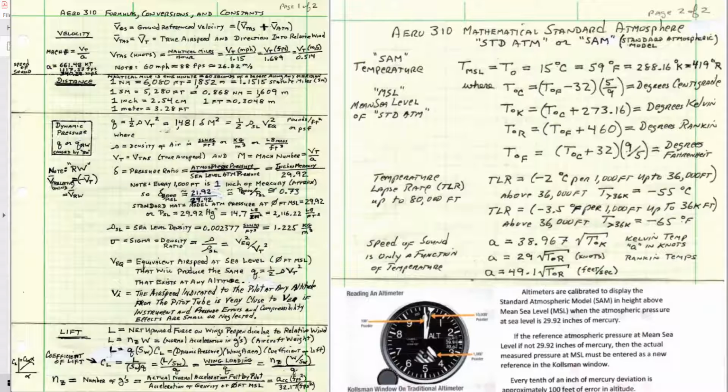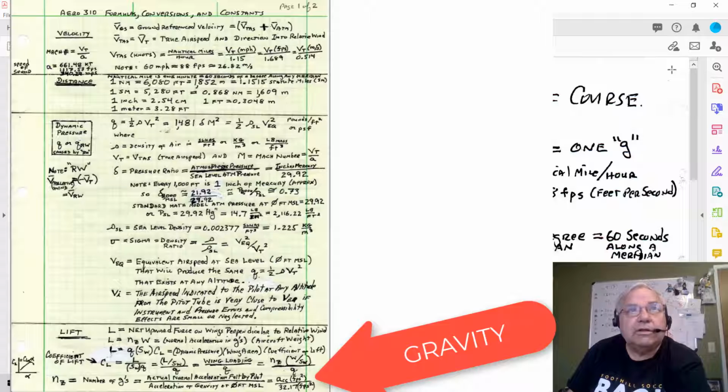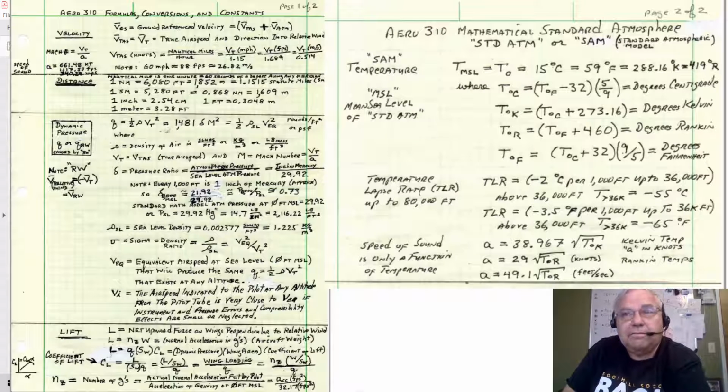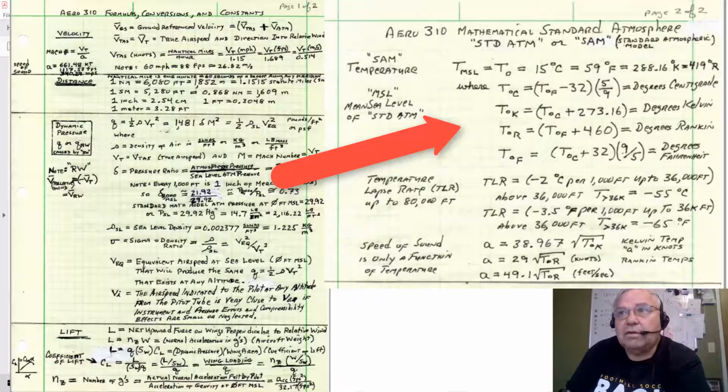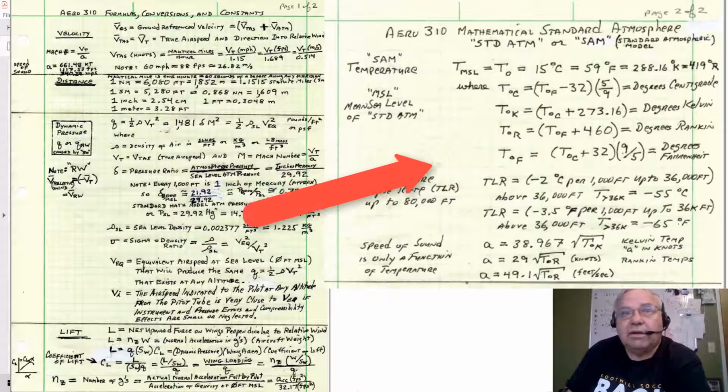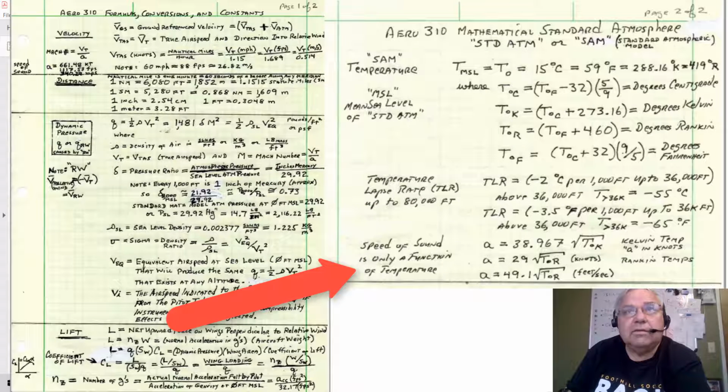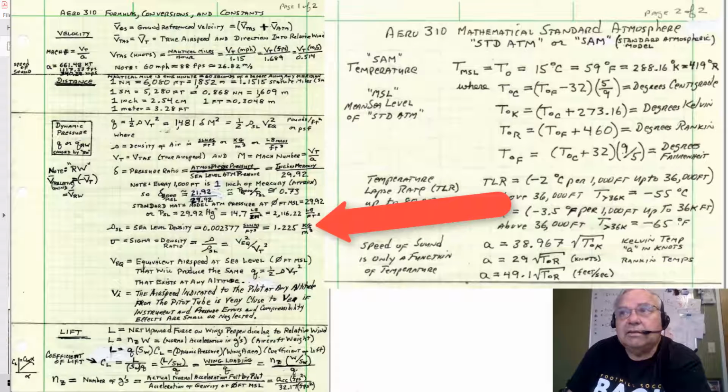If I was to look at gravity, acceleration, 32.17 feet per second squared or 9.8 meters per second squared, that's called 1G. Temperature, and if you go through the rest of this file, you see there's the speed of sound, that's a function of temperature, density, and the units of slugs per cubic foot or kilograms per cubic meter.